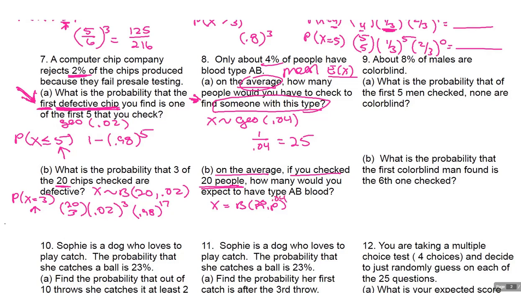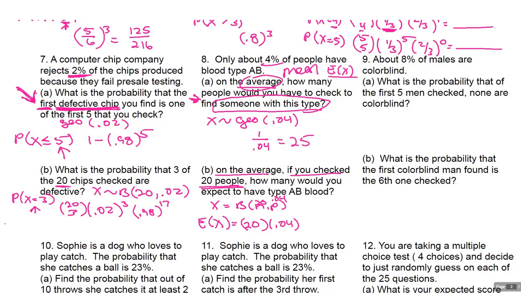So how do I find the expected value of a binomial distribution? You do n times p. Exactly. What's n times p? Well, it's 20 times 0.04. And if you think about it, that even makes sense.